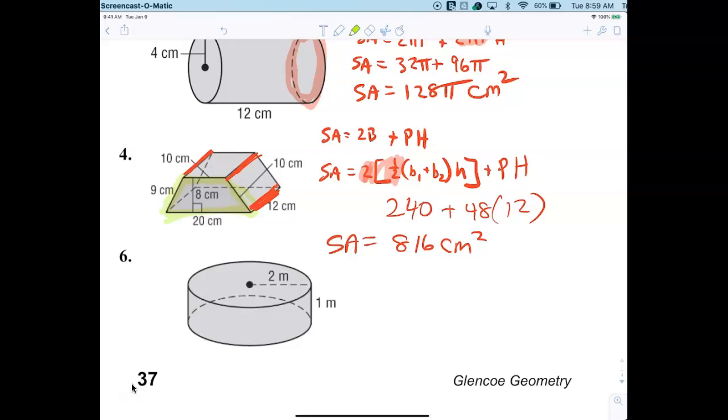Yes, sir. There's a 10 pointing to the right side of the trapezoid. I think 10 is supposed to be pointing to this right here, isn't it? The other 10.